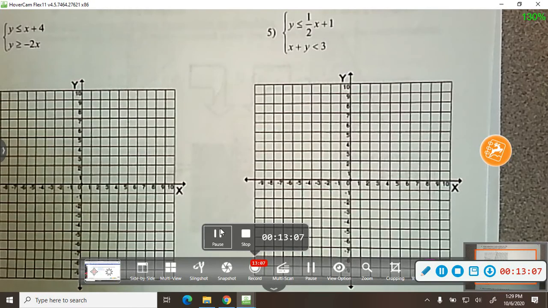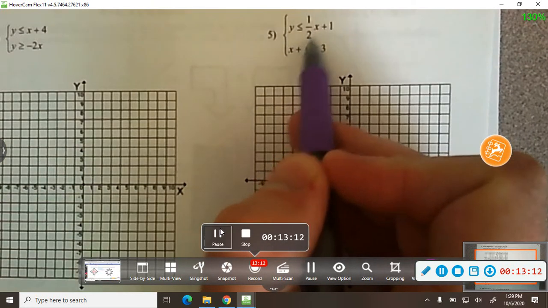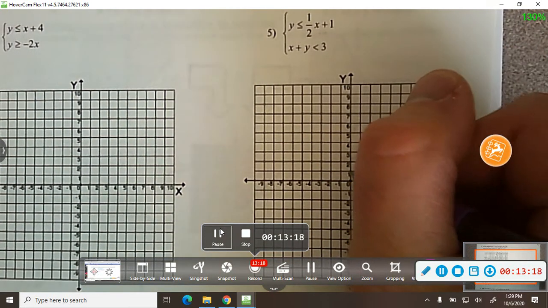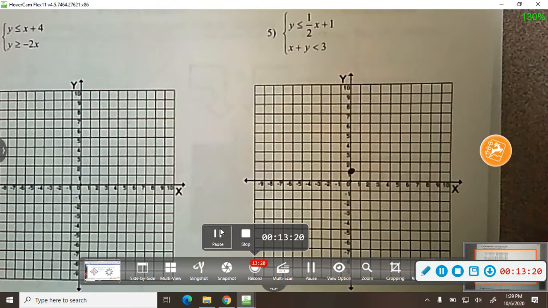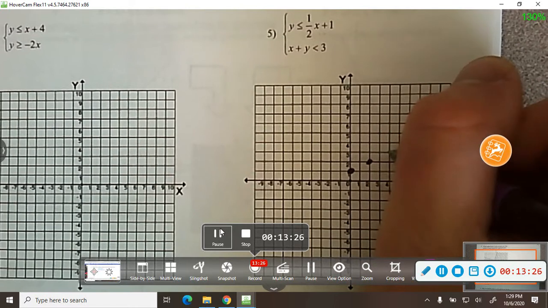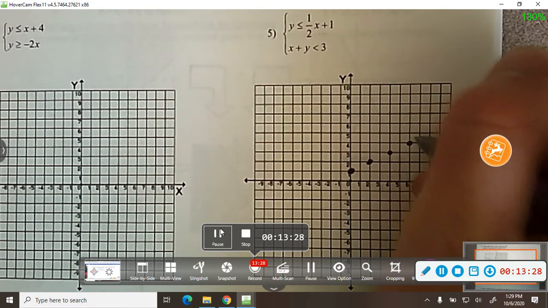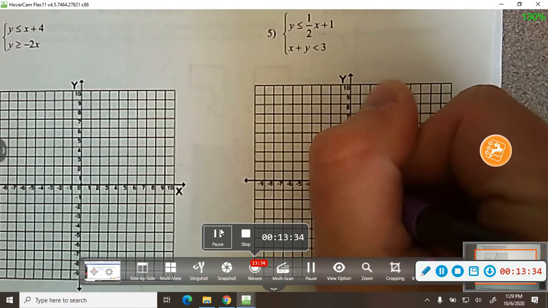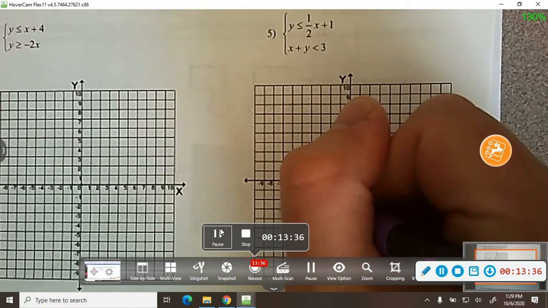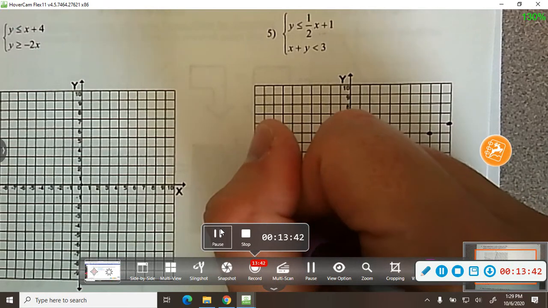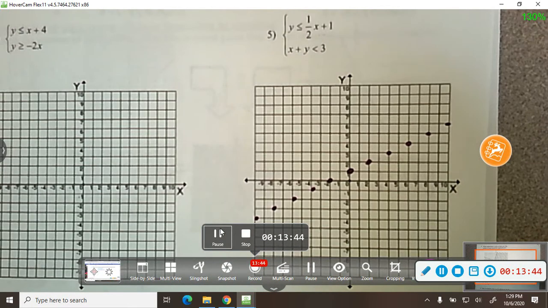So number 5. If we look at this, 1/2 x plus 1, it's already in y equals mx plus b form, so I start at 1. And then I go up 1 over 2. And I continue the pattern. But then I ask myself, is it solid or dashed?